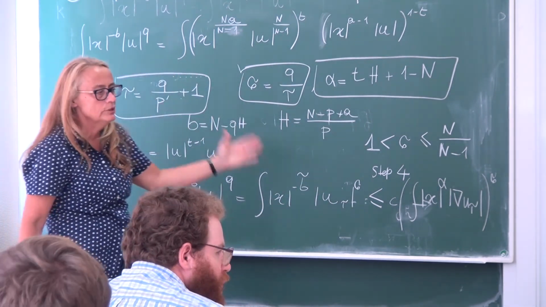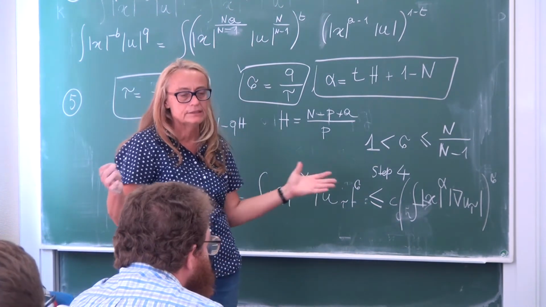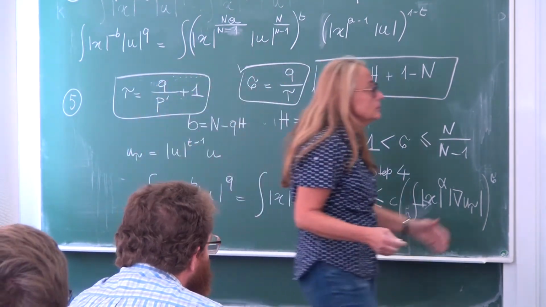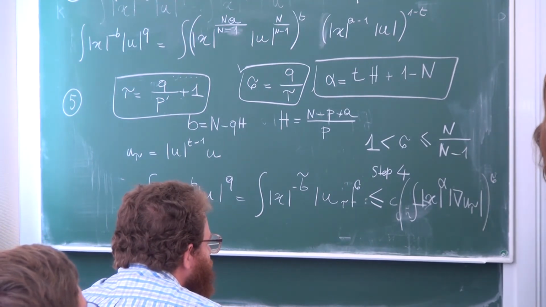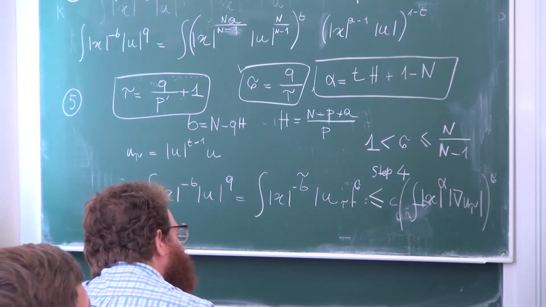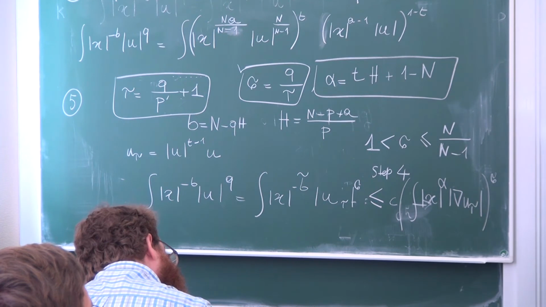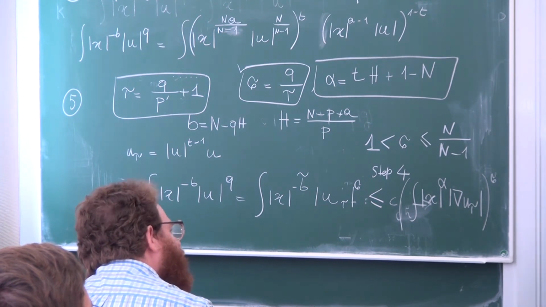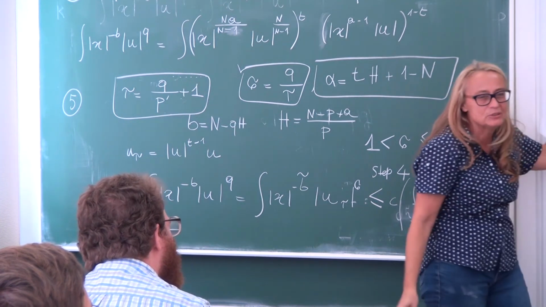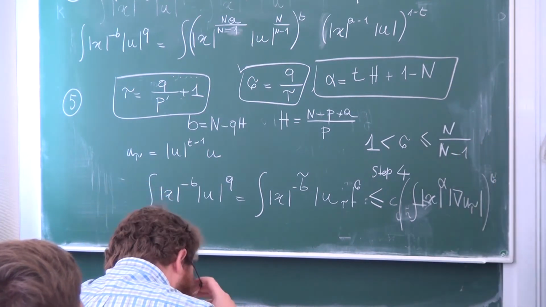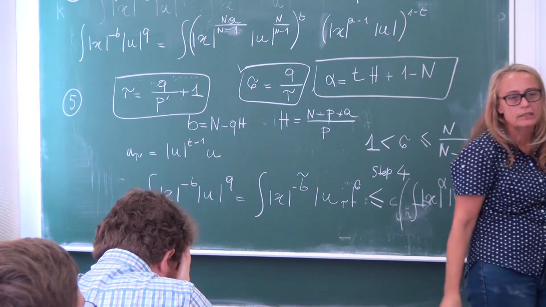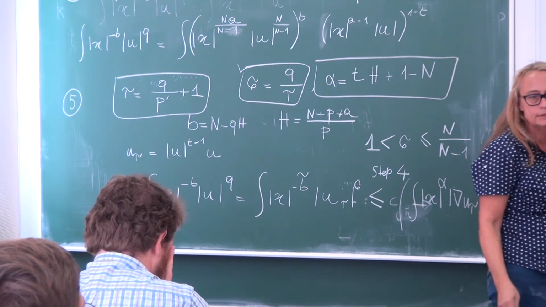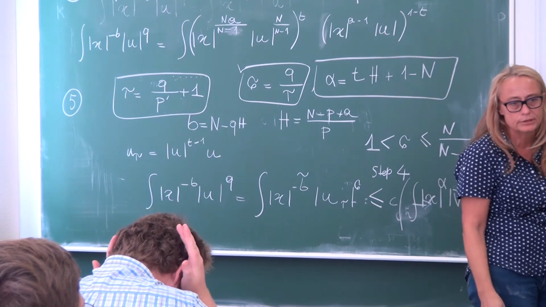If you have an equality, it's standard. Also, when you prove that for bounded domains, H12 is embedded in LQ for any Q between 2 and 2 star, what you do is prove the Poincaré inequality in bounded domains, then prove the Sobolev inequalities, and then you obtain by interpolation all the inequalities in between.